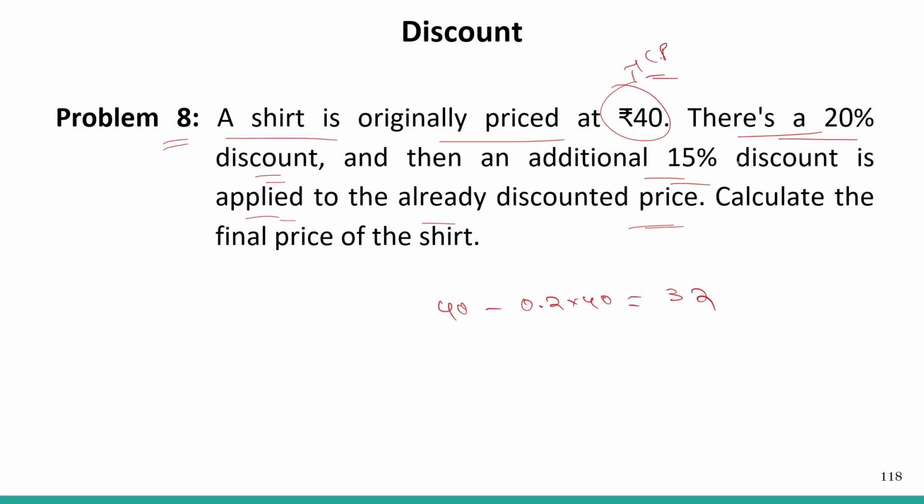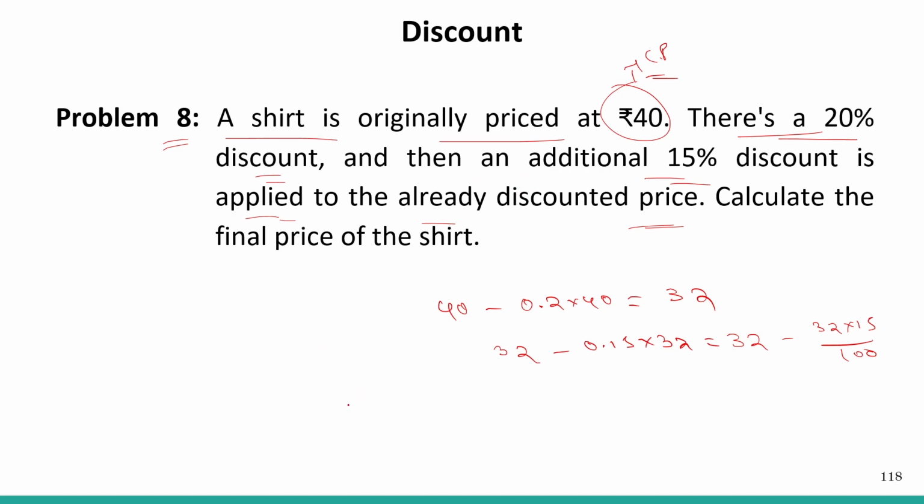So then an additional 50% discount is applied on the already discounted price. Okay, so then what I do is 32 minus 0.15 into 32. Okay, so 32 minus 32 into 15 by 100. Okay, this much amount. So let's see, we can also solve it by the successive discount method.